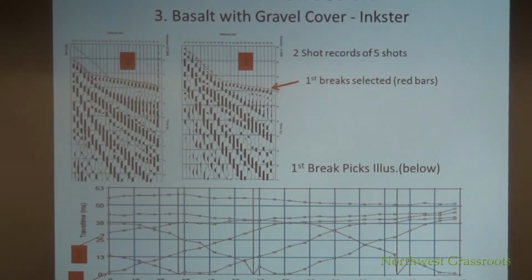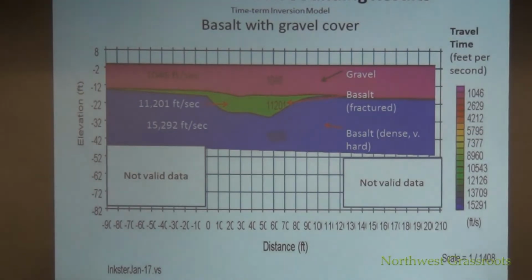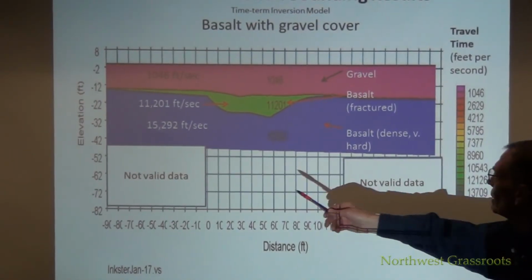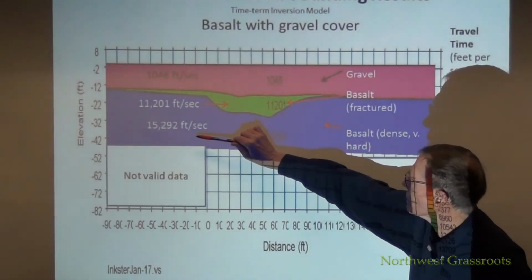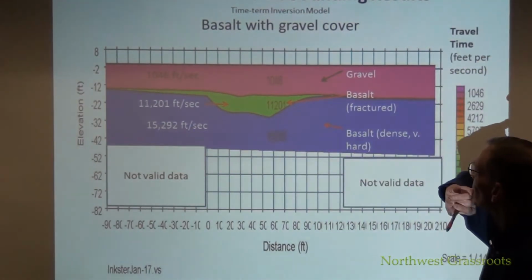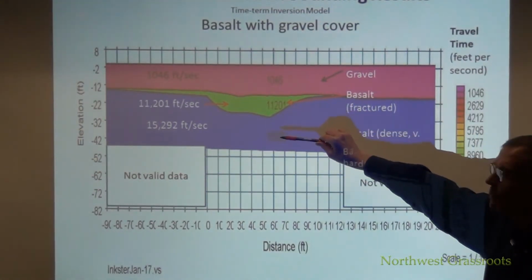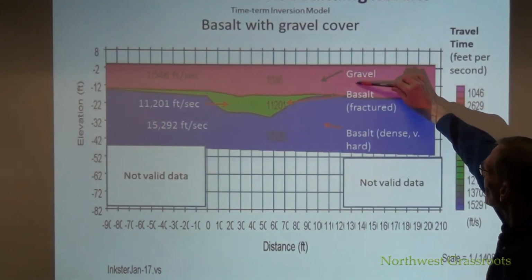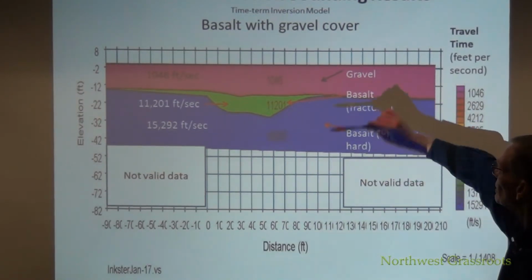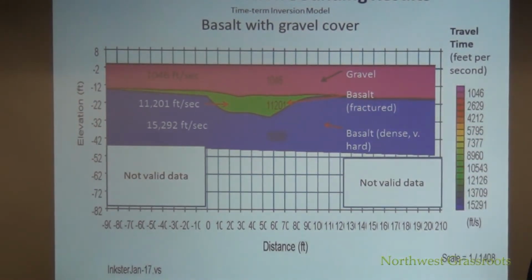So right off I suspected that it was a basalt. Here's the profile, and sure enough, the velocity in the lower layer was over 15,000 feet per second. Then we had this dish-shaped area here that I don't really know what it is. Then we had the 20-foot thick gravel layer that was a very low velocity.